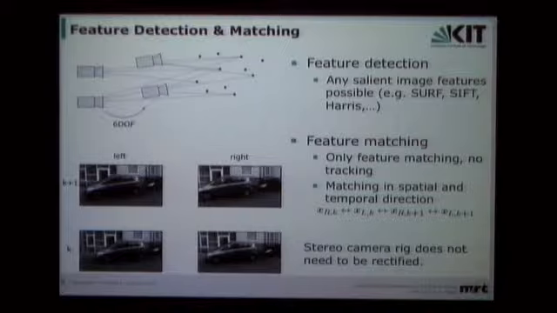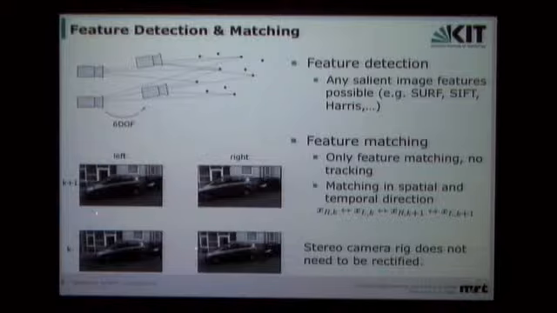Well, first of all, observe this camera setup here at the top. These are the cameras that are mounted on the vehicle, which move over time. So this is one time step, let's say time step k, and it has moved over time to time step k plus 1, and it's positioned here. And what we seek is an estimate of the 6 degrees of freedom ego motion between these two consecutive views.